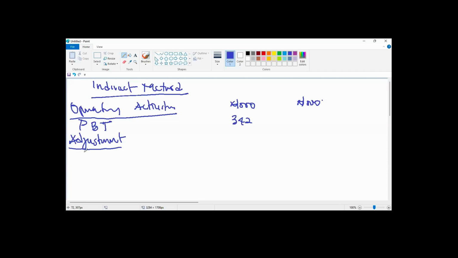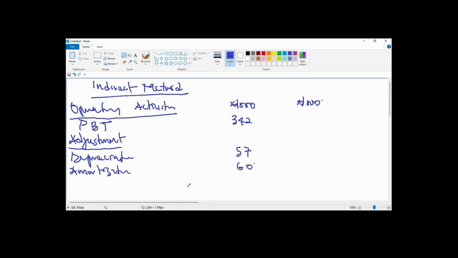Add back non-cash items such as depreciation, 57, and amortization, 60.